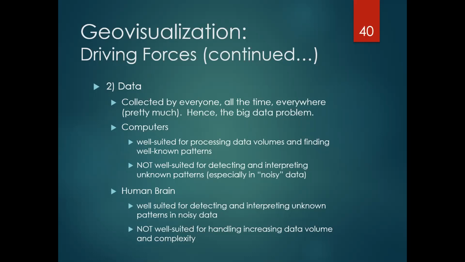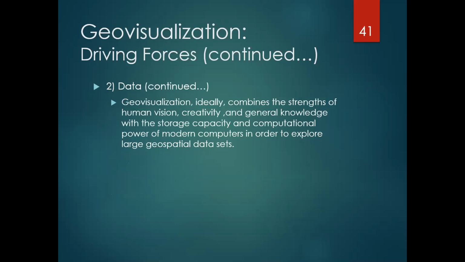And when we're dealing with data, computers and human brains have their own advantages and disadvantages. We're not scientists in computer science or biology, but we should at least be aware of these advantages and disadvantages, right? And also, geovisualization ideally combines the strengths of human vision, creativity, and general knowledge.